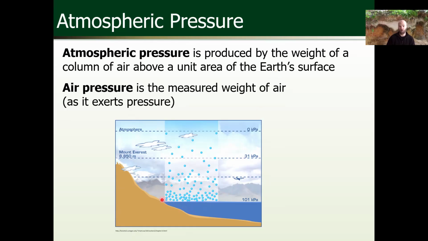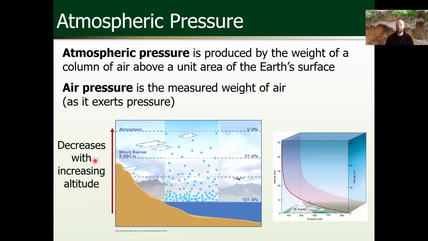As you go up in elevation, there's less and less air weighing down on you, so there's less and less pressure. And so we have air pressure decreasing with increasing altitude. This curve represents this known relationship of decreasing pressure with increasing altitude.